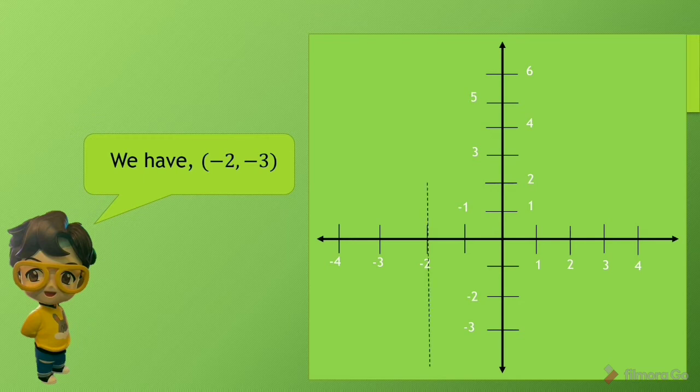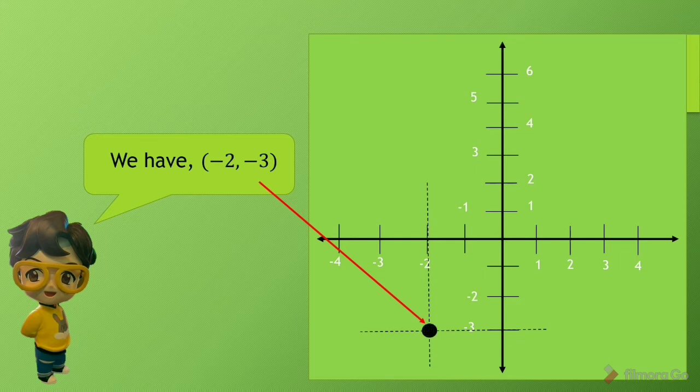We'll now have first a vertical line na naka-align siya dun sa value of x. Then followed with the value of y, -3. So -3, draw a broken line in horizontal way. So ganyan. Then find its intersection. Yan. Kung nasan yung intersection niya, dun mo na i-plot yung points mo.